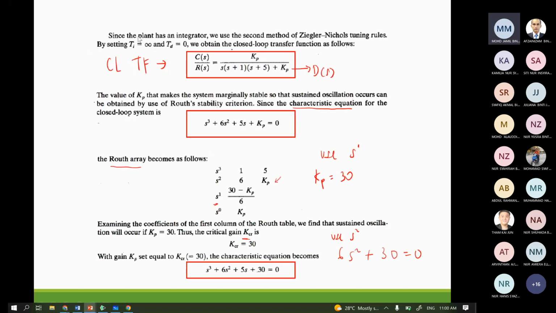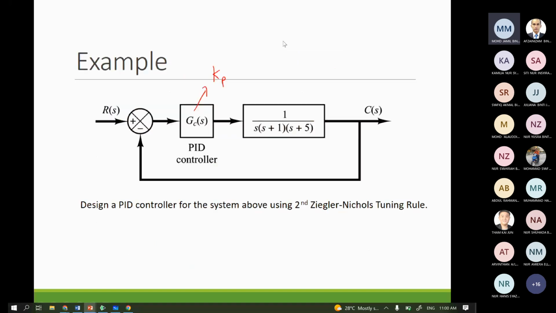Firstly, you need to assume that the PID controller is only made up of Kp. So you neglect the values of Ki and Kd.